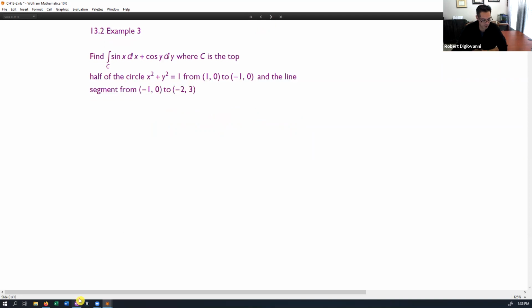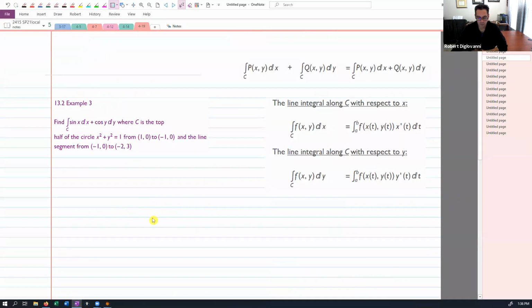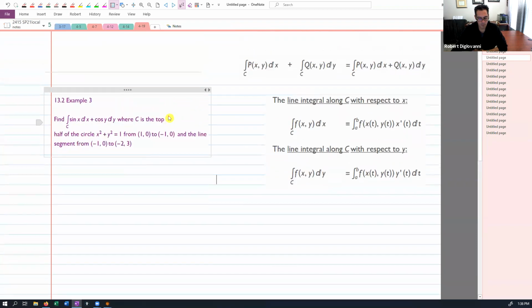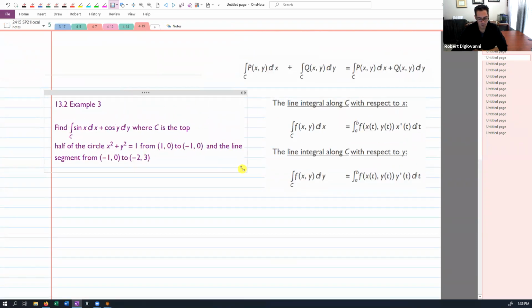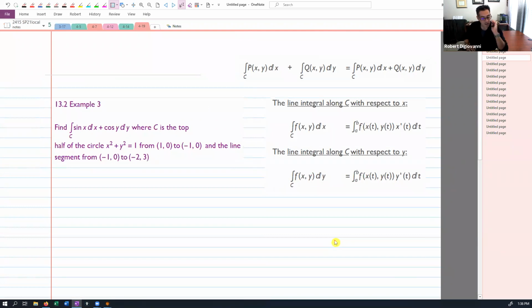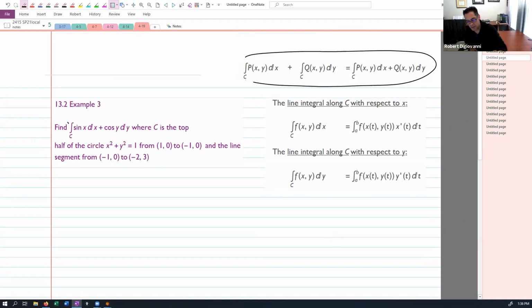So we're going to do this example. Find the line integral along C of sine x dx plus cosine y dy. Let me rewrite what this is using the property I just gave you. This means the line integral along C of sine x dx plus the line integral along C of cosine y dy.